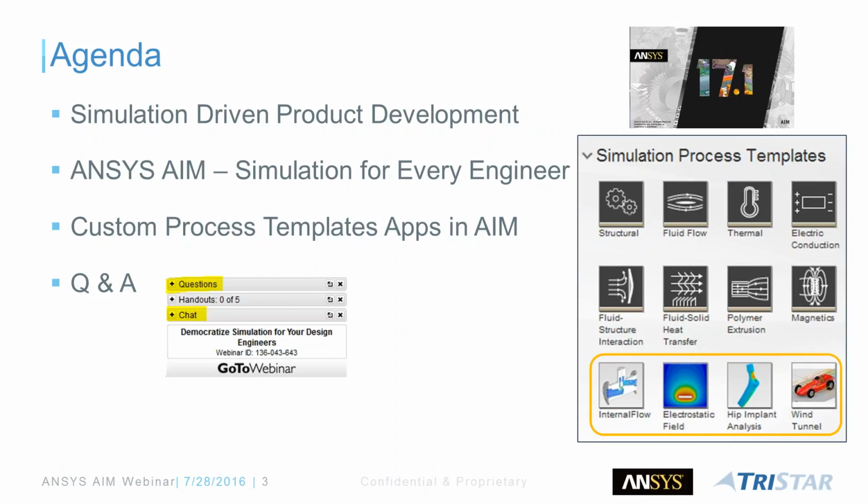There's even the App Store at ANSYS, where you can download some of these by yourself and try it out if you already own ANSYS AIM. Feel free to start typing in your questions in the chat or the question area, and I'll try my best to answer them towards the end.